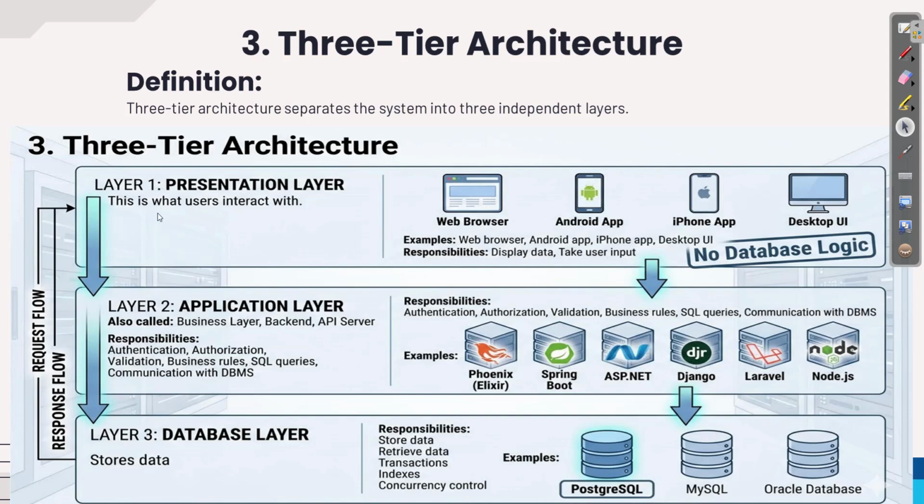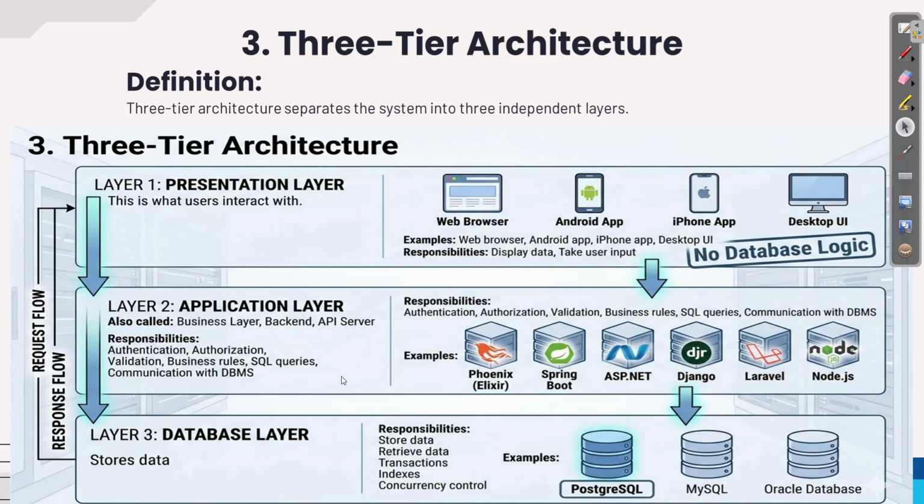The presentation layer connects to the application layer, which is sometimes called the business layer, backend system or API server. We can define this backend system in multiple languages or tools. We can use Phoenix, Elixir, Spring Boot, ASP.NET, Django, Laravel and Node.js. Its responsibilities are authentication, authorization and validation.